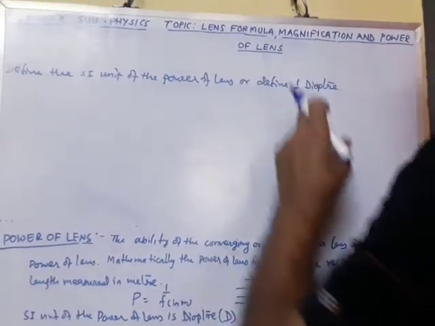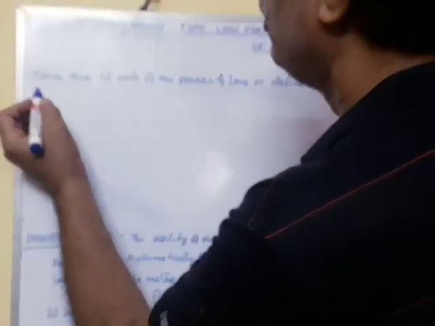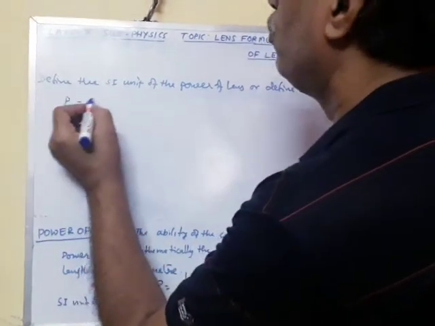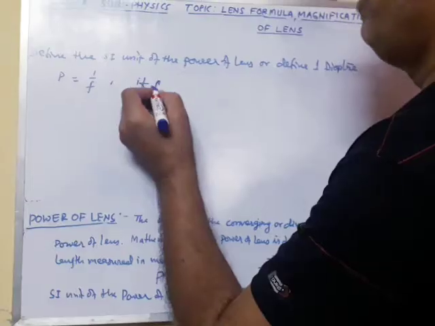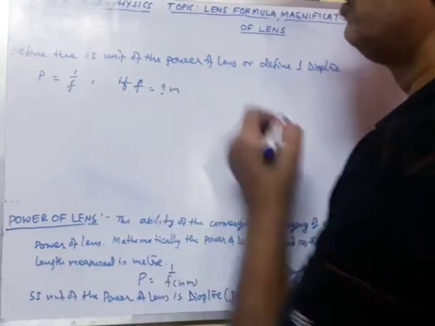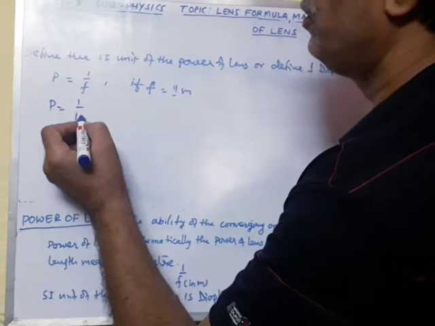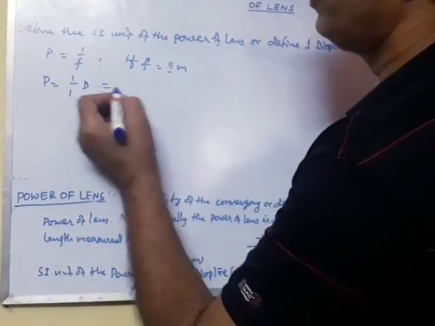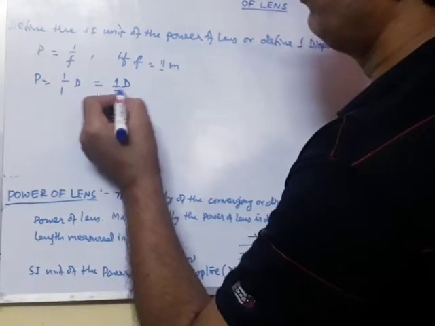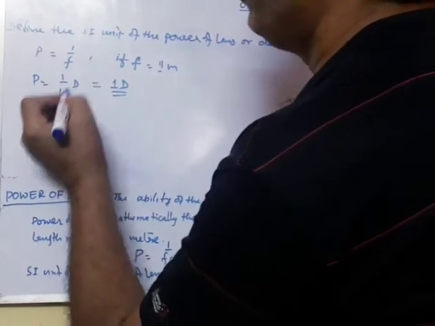So how can we define 1 diopter? P is equal to 1 by f. If f is equal to 1 meter, then P is equal to 1 by 1 meter, that is 1 diopter. So we can say that 1 diopter is the power of a lens when its focal length is 1 meter.